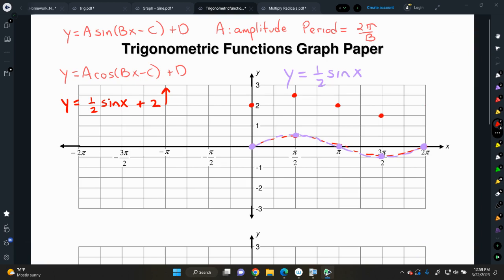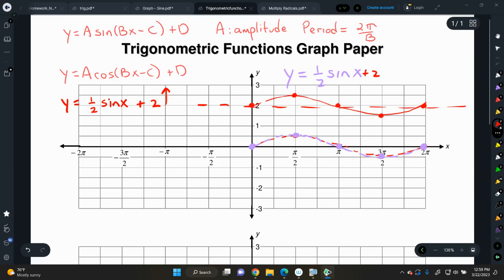And then from 0, we move up to 2. So here is my final curve, and there's my new rest position. The rest position is at y equals 2. Need to try another one?